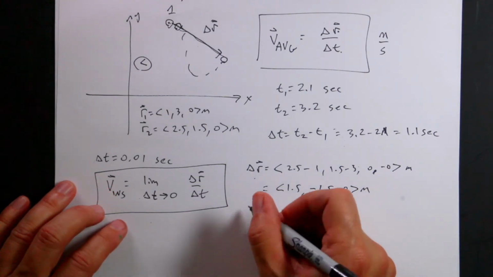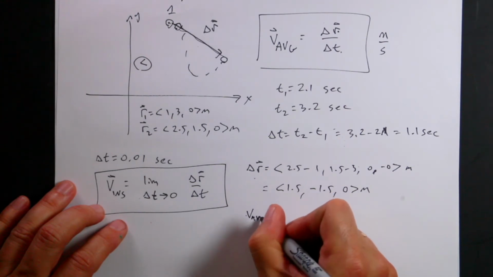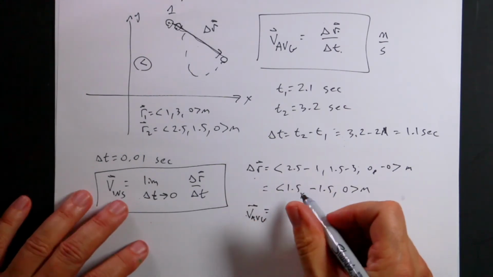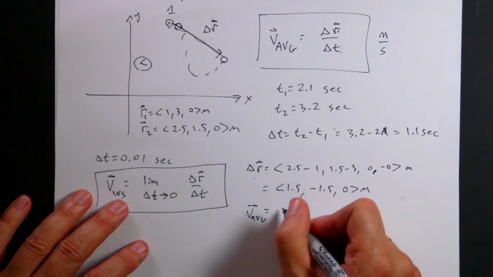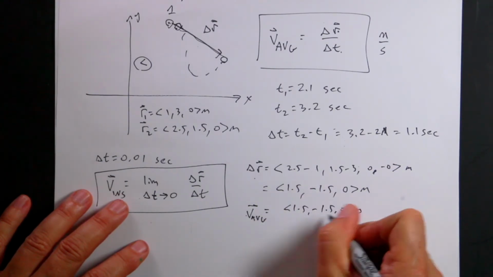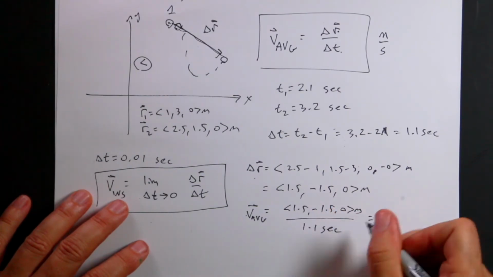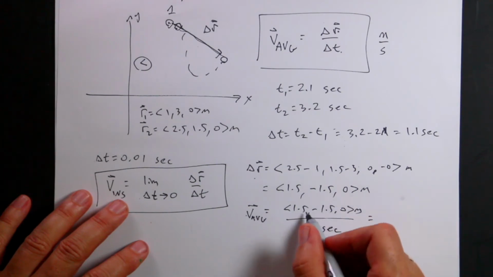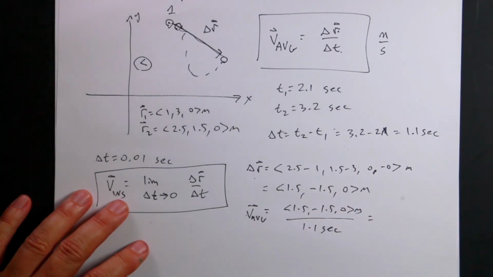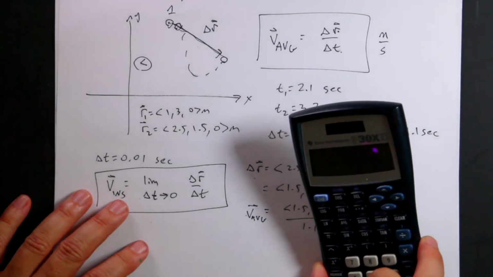Then I can calculate my velocity. I'm going to use this delta t up here. So v average is going to be equal to this 1.5, negative 1.5, 0 meters divided by 1.1 seconds. So now I can divide each component by 1.1. So 1.5 divided by 1.1 equals 1.36.